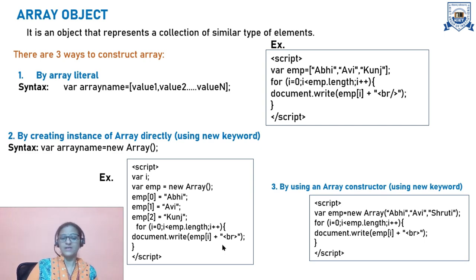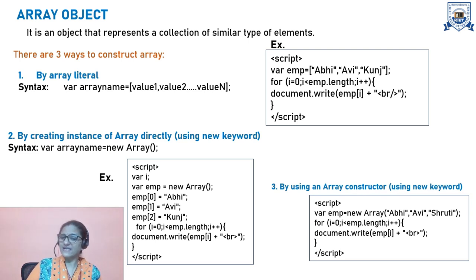Now, the third way of creating an array is using the array constructor. This array constructor again uses the new keyword, but this time the way is different. The variable emp, new array. Here it is similar, but as soon as we make an object of this array, we can pass the values directly because it is working with the help of a constructor.